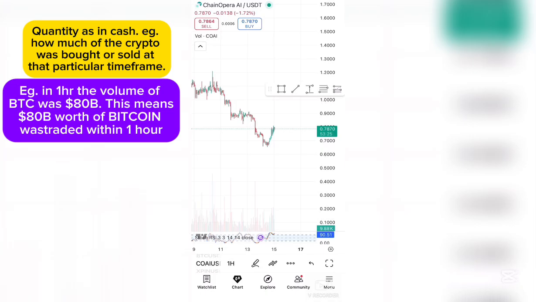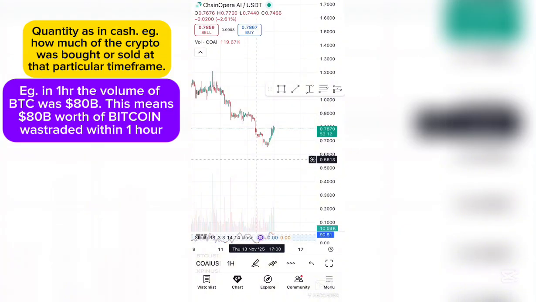When you want to see the volume at a particular point in time, even on TradingView, you long press on the main chart. When you long press on it, you see arrows, dotted lines in a cross sign.